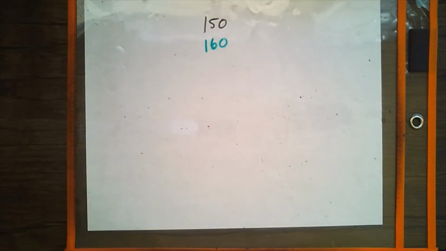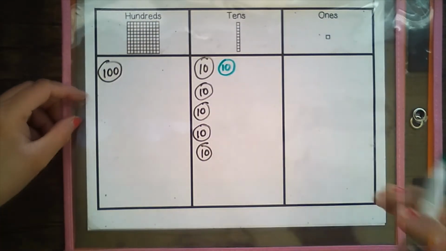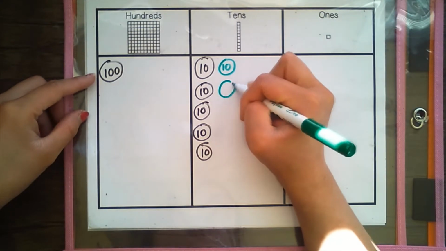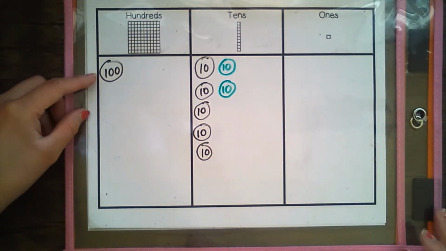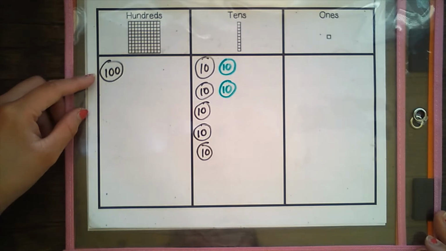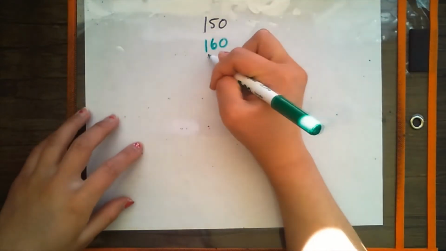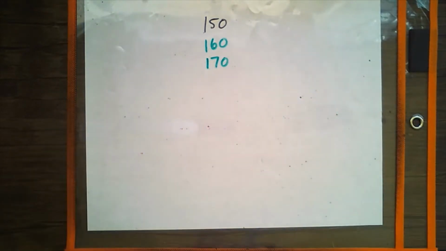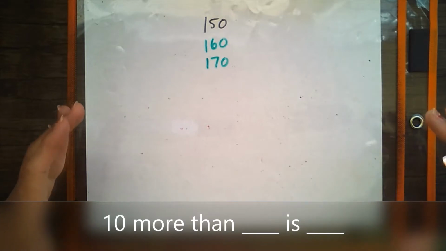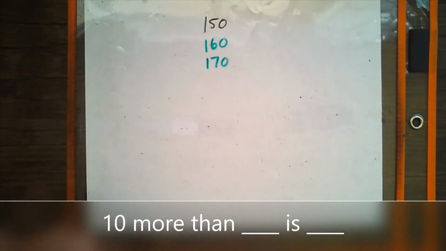Let's go back to our place value chart here. Let's add another tens disc. How many now? 170. Use the frame here to say a complete sentence.